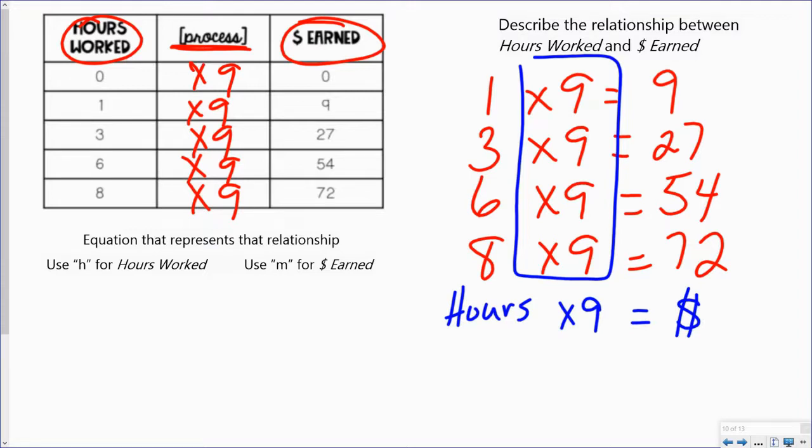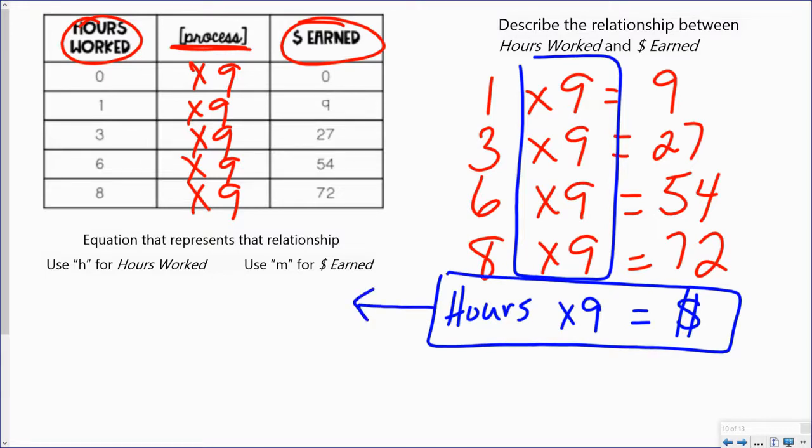And so now I'm going to write an equation that represents this relationship. So I'm taking this idea that I just came up with here, and I'm going to turn it into an equation. In doing that, I use H for hours worked. So here's my hours.